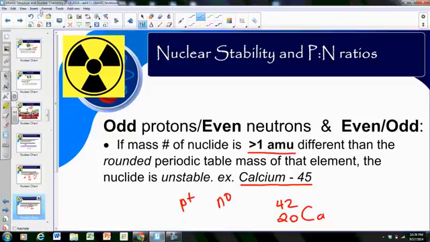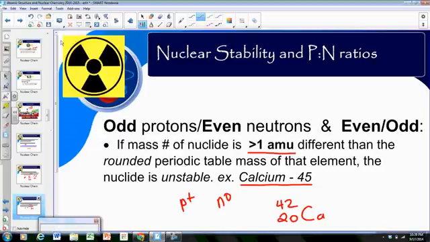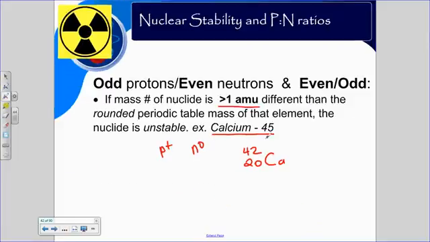Welcome back. Sorry to pause there. We were talking about calcium 45. Calcium's average atomic mass on the periodic table is something like 40.08 AMU.